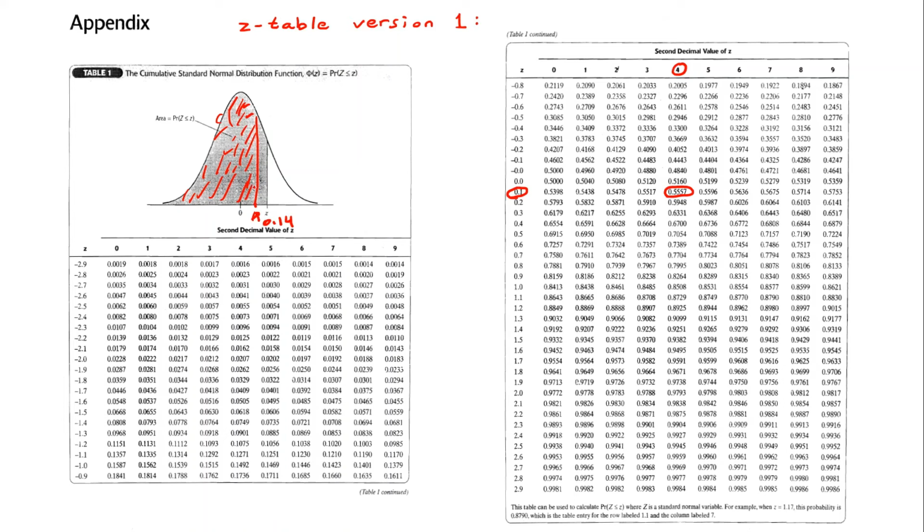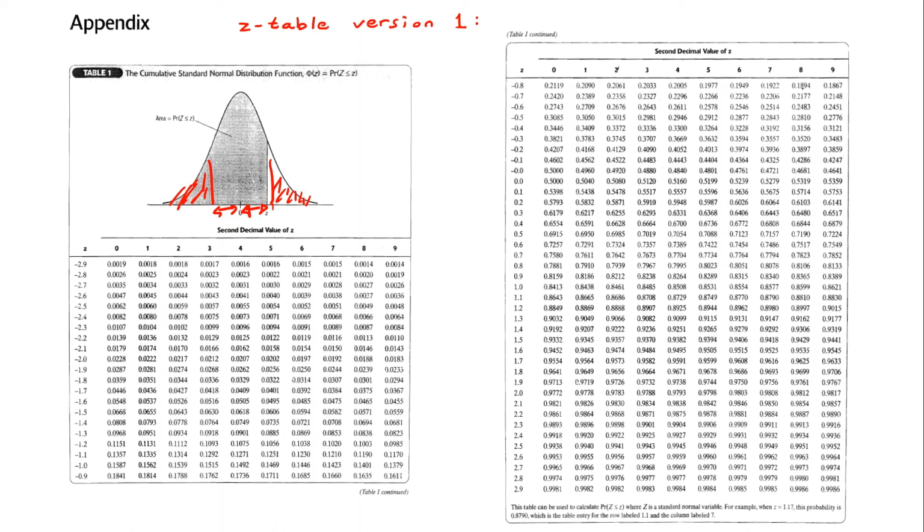So what you were interested in for the two-sided hypothesis test was how far away to either side you had to go and find the tail probabilities, right?